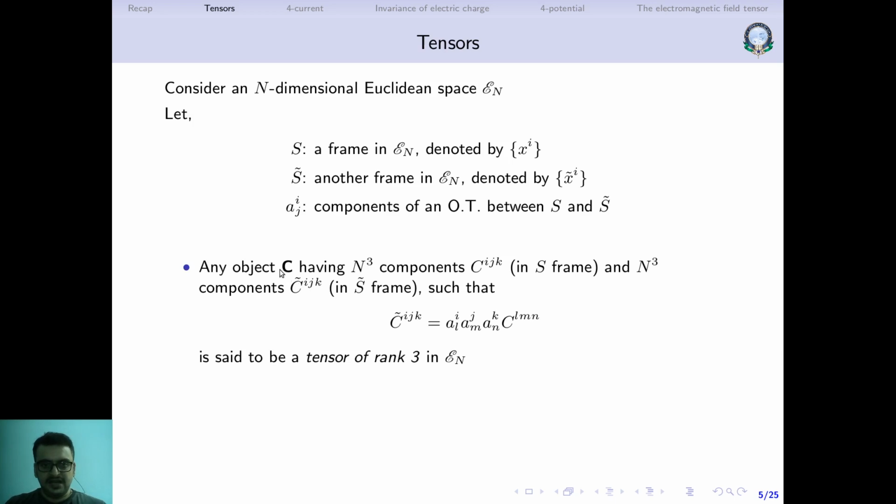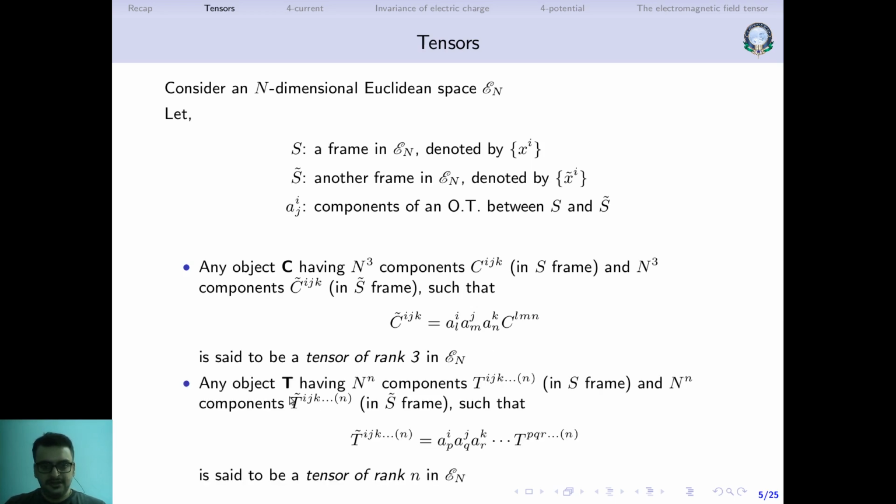Likewise, if I have another object which has n^3 components, we call it C_ijk in one frame and C̃_ijk in the other frame, such that it has to undergo three transformations, then we call it a tensor of rank 3 in the same Euclidean space. So in the same Euclidean space, we can construct a vector, a tensor of rank 2, a tensor of rank 3, and so on.